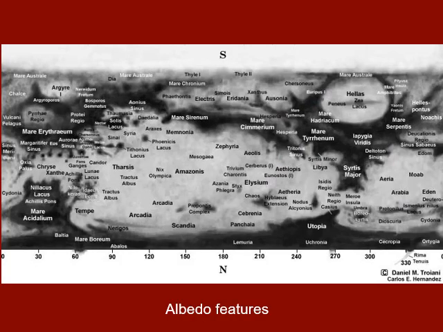So this is an albedo map showing the bright and dark regions on Mars. South is the top of that map and north is the bottom of the map, because telescopes tend to flip things upside down. This is the map you would use if you were looking through a small telescope and trying to identify what you saw on Mars.